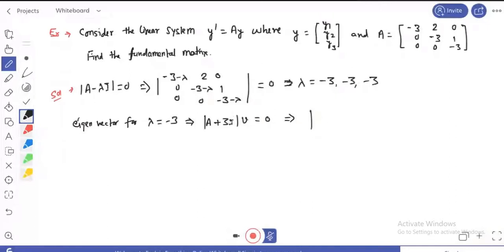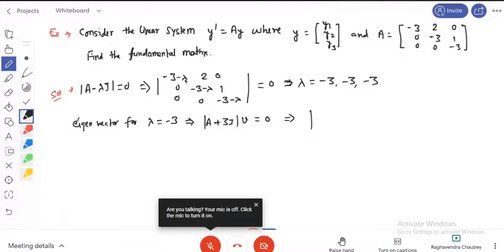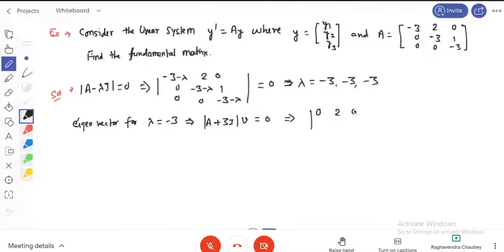If you put in 3I plus A here, this becomes your A, which has a 0 entry. Okay, this is 0, 2, 0; 0, 0, 1; and this is the A matrix, and 0, 0, 0. So this is the matrix, A minus that.